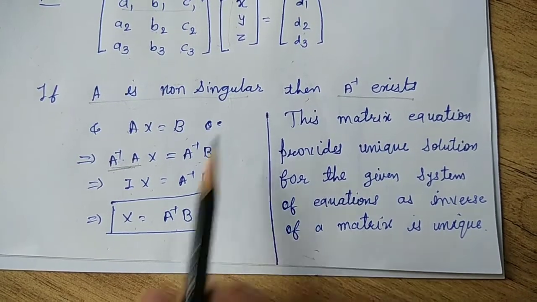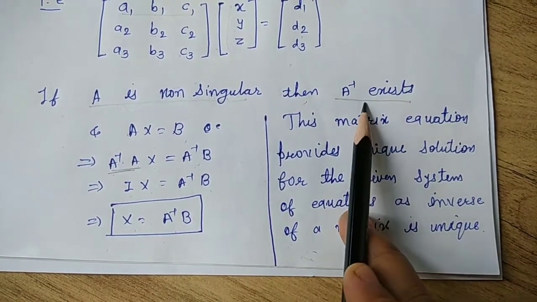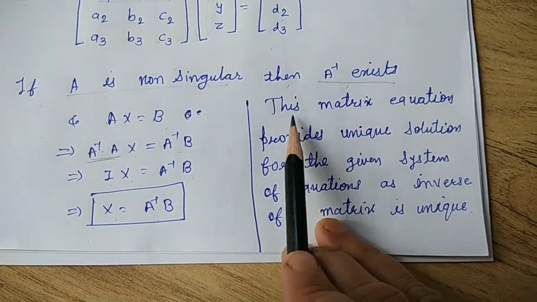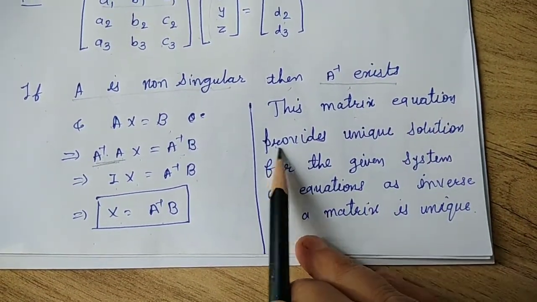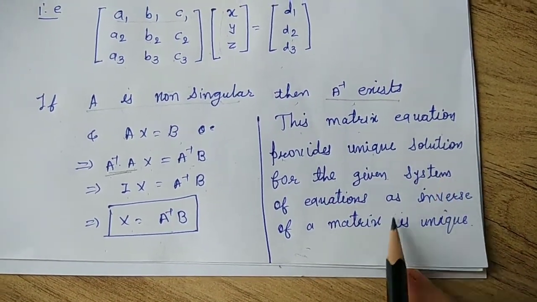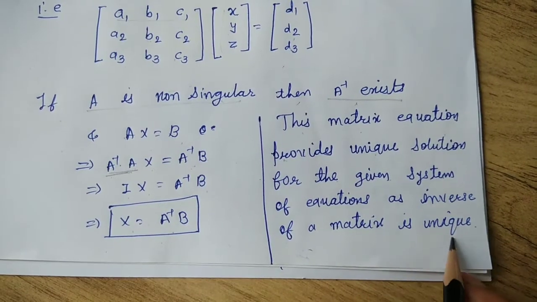Now as we know, if A is non-singular, then A inverse exists and the inverse of a matrix is unique. So this matrix equation provides us the unique solution for the given system of equations, as the inverse of the matrix is unique.